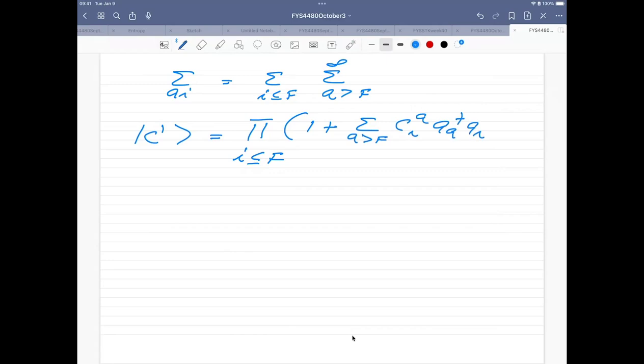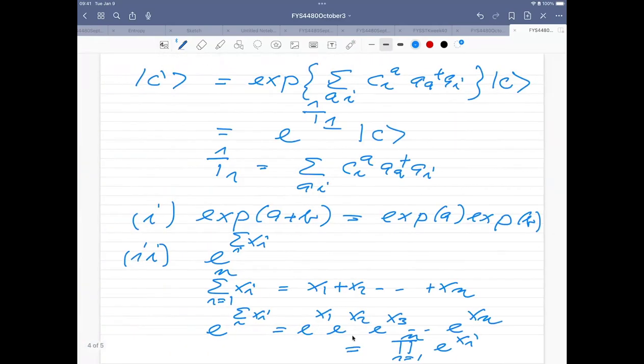That's the first term. So what I'm doing now is simply, if you go back here, I'm just Taylor expanding this expression which you see here. And then I'm, for the hole states, which go from 1 to n, I'm simply using the product formula here.